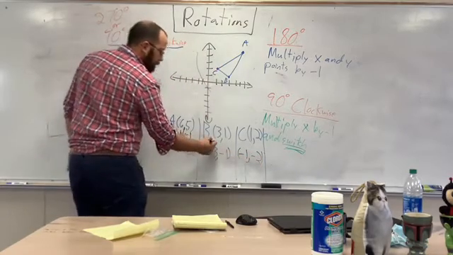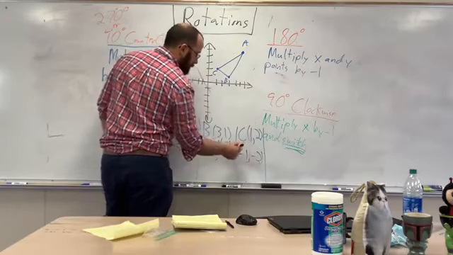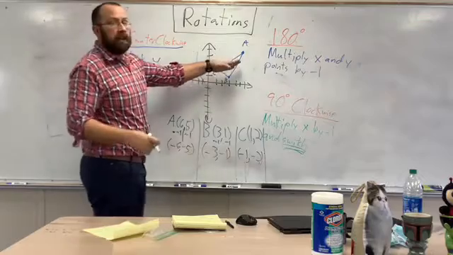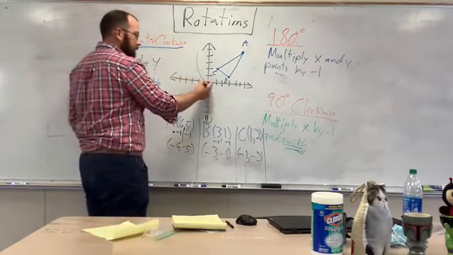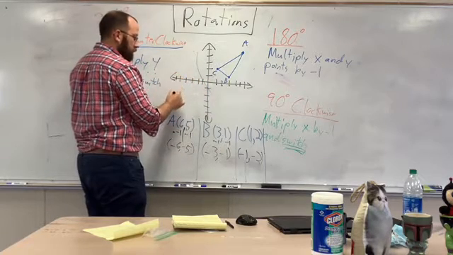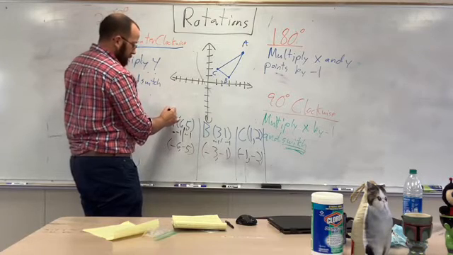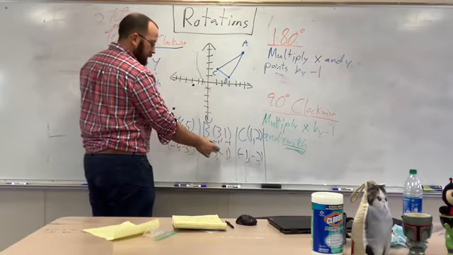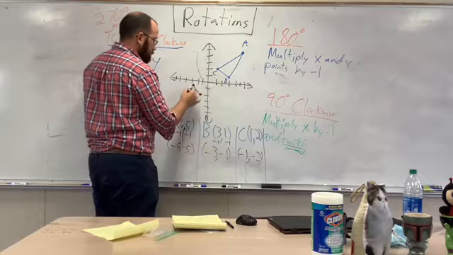All right? And it's that simple. So now, since it's 180 degrees, I should have them all over here. Now let's see if it is. So -6, -5, -3, -1, -1, -2.